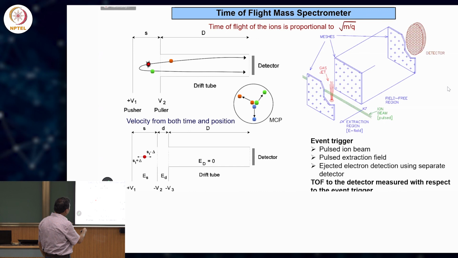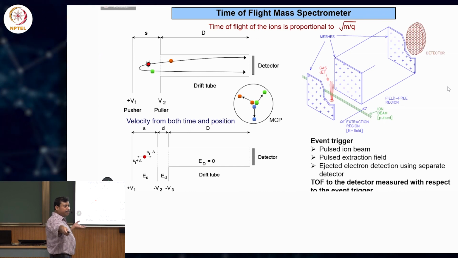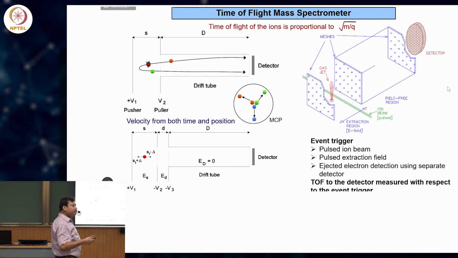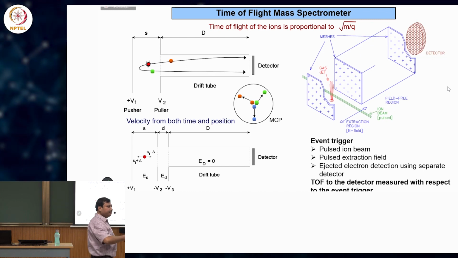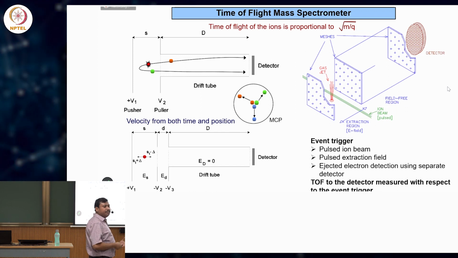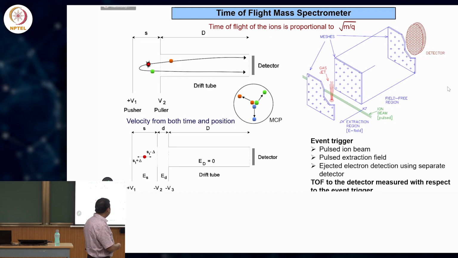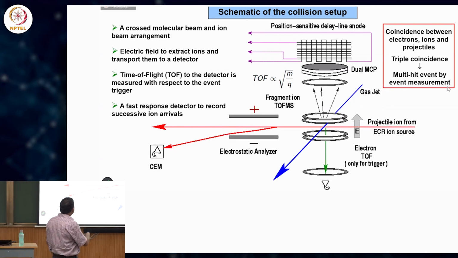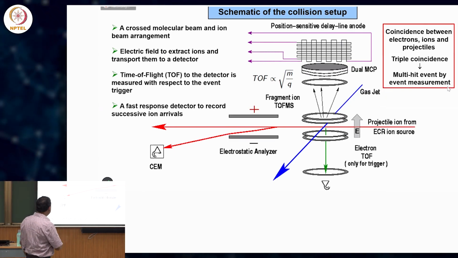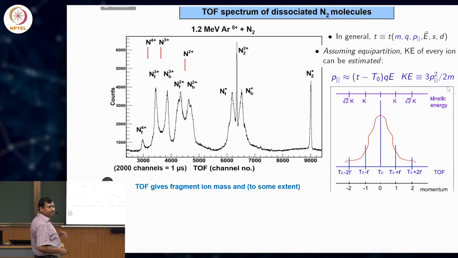So you need to have the x and y to get the complete picture of the other momentum axis. Then only you can reconstruct, with this full 3D momentum, what its structure was during dissociation.